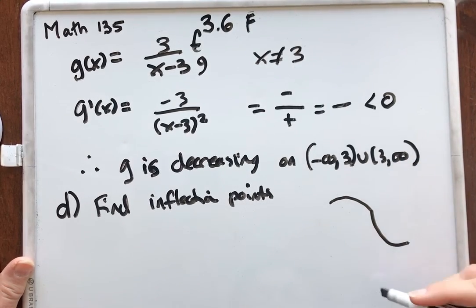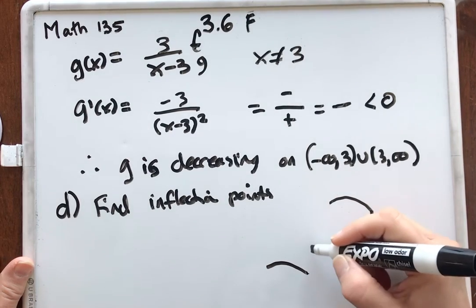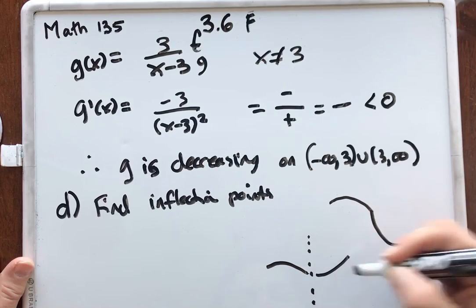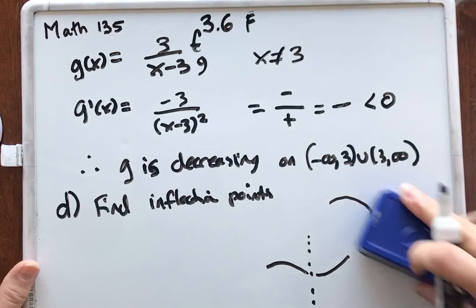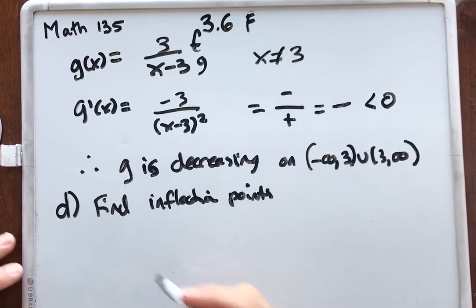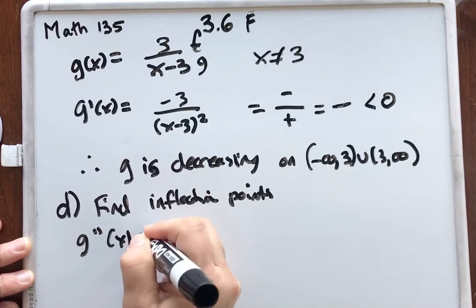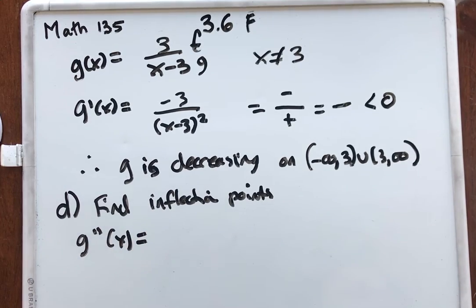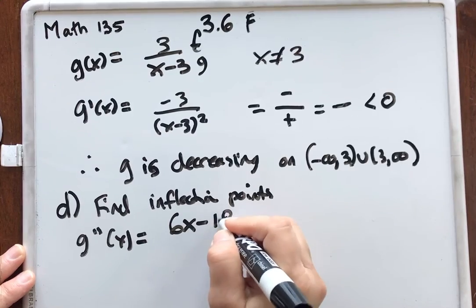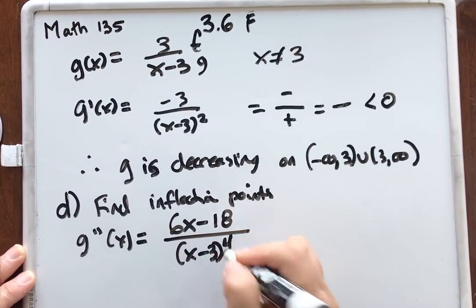However, we could have concaving down, and then a vertical asymptote, and then concaving up. Who knows, right? So let's test it. Find the inflection points. In order to do that, we'd need to find g double prime of x. To save time, I'm just going to write what that is. That's (6x minus 18) over (x minus 3) to the 4th.